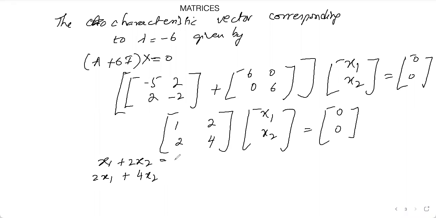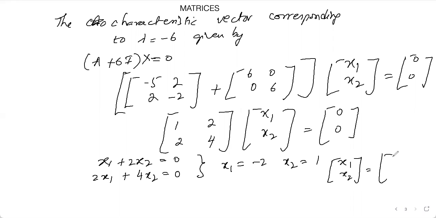Which is equal to 0. So we get x1 value which is minus 2 and x2 value which is 1. So therefore the corresponding vector would be minus 2 and 1. So these are the eigenvectors.